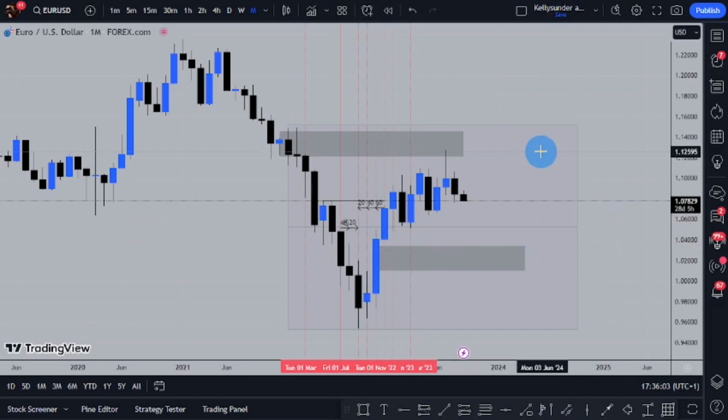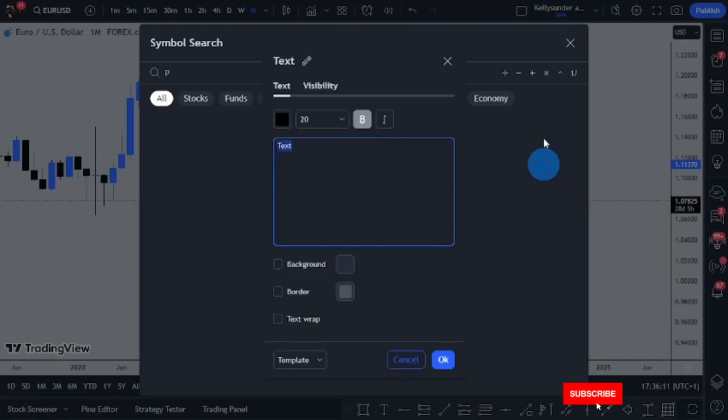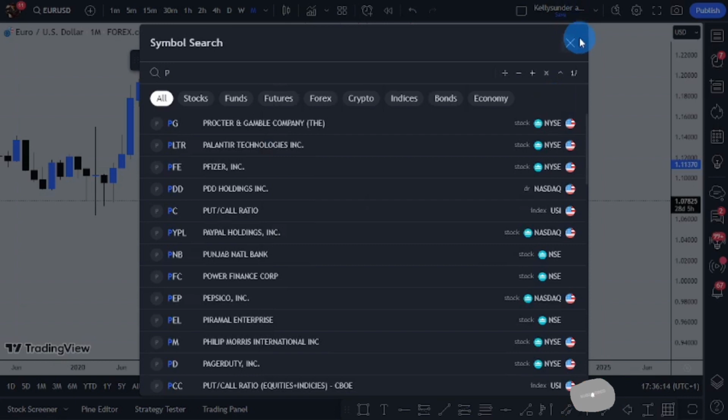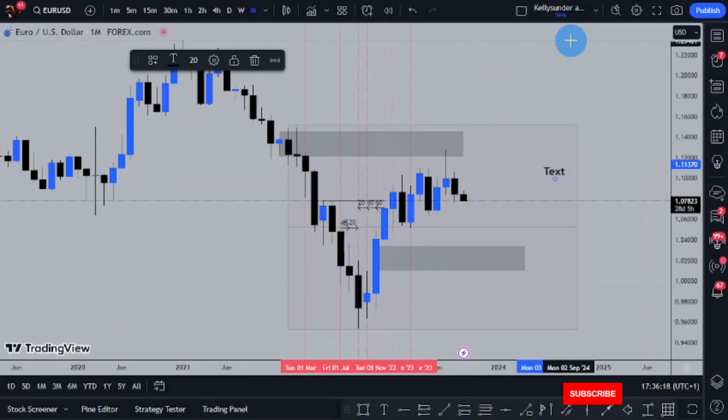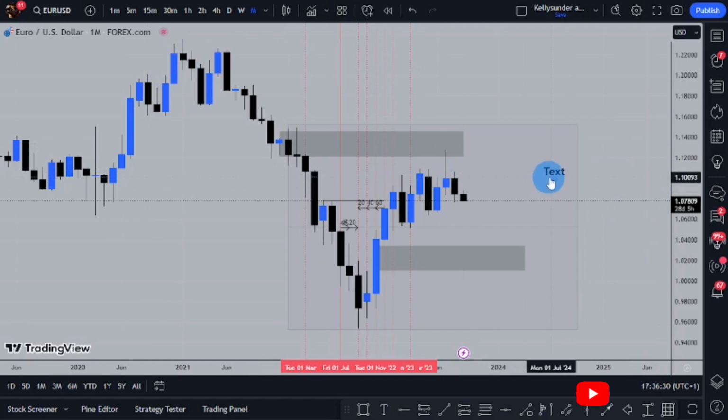Let me pull out my text. Let's just say here is premium. Sorry, I'll be editing my text. Let me edit it from settings. It's overlapping.